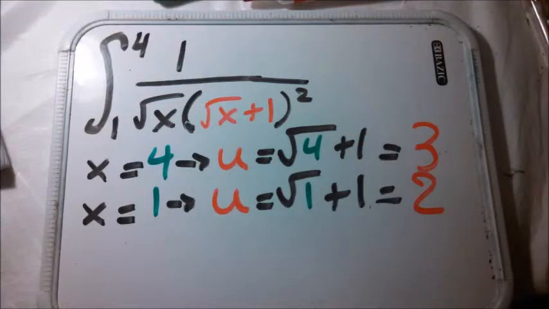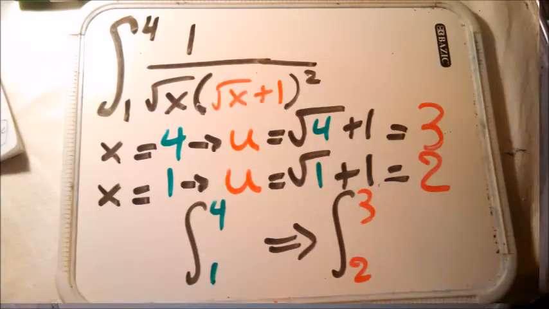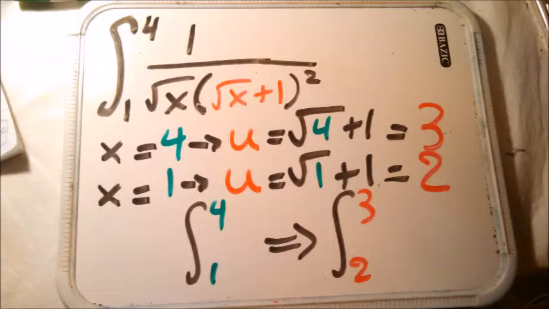The next step would be to find corresponding limits for the new u function. We take the old limits, x equals 4 and x equals 1, and plug them into what we let u equal, root x plus 1. When we plug in x equals 4 and x equals 1, we get root 4 plus 1, which becomes 3, and root 1 plus 1, which becomes 2. This step transforms our limits from 1 to 4 into 2 to 3.